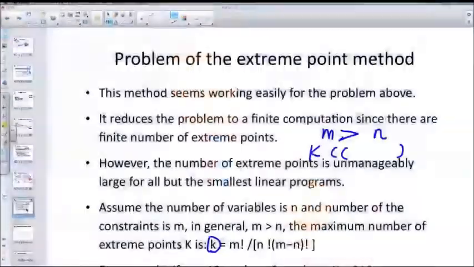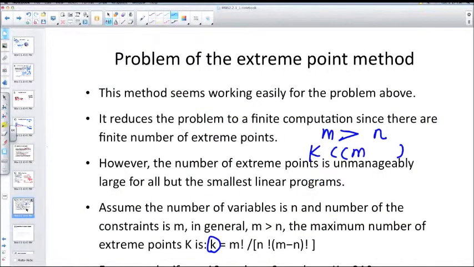And this total number of extreme points equals the combination to choose n from the m equations. So each extreme point is really made by the choice of n from the m. That number, if you learned any probability or combinatorics, you know it's m factorial divided by n factorial times m minus n factorial.